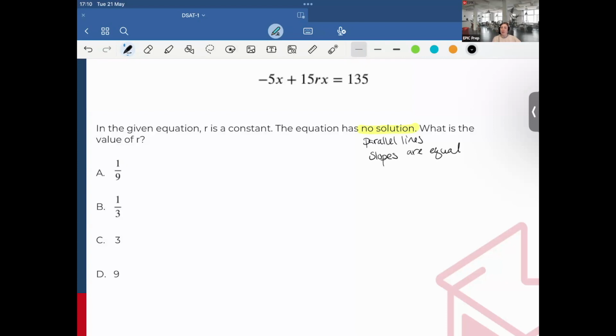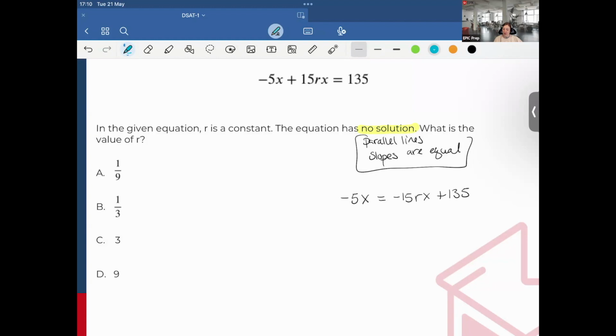So there's two ways to go about this, but if you're really good with linear equations and this concept, I can just take the given equation and move the negative 15x plus 135. And then I can see their slopes must be equal to each other, right?